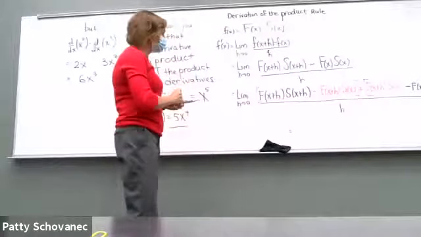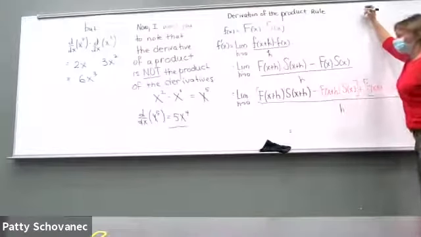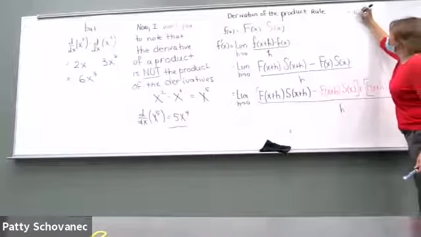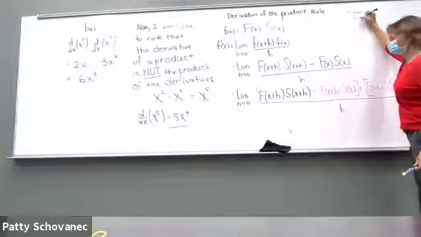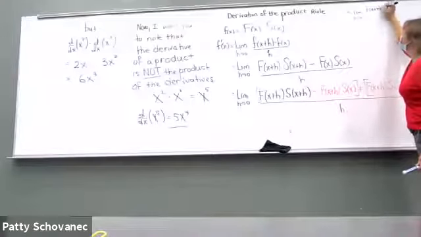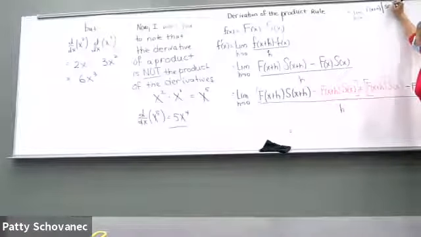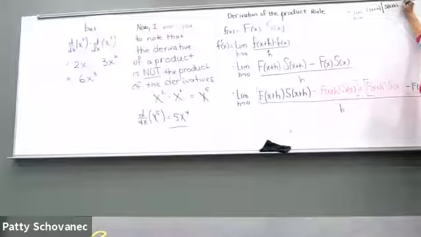And so I'm going to pull those common factors out and see if it fits right up in here. From the first two terms, I said I'm pulling out f of x plus h. And so the second factor will look like s of x plus h minus s of x.